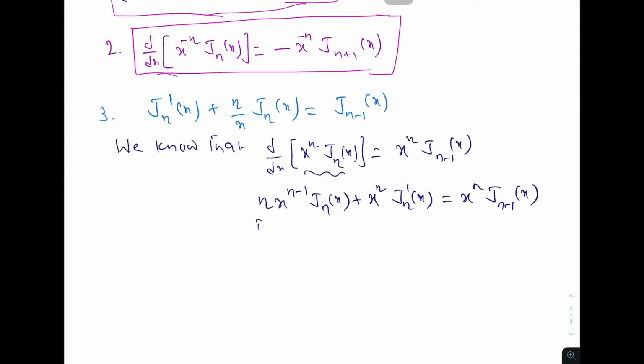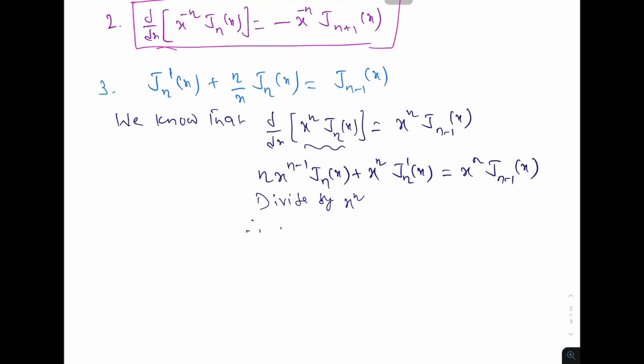Now we divide by x power n. So if we divide by x power n, this is n by x Jnx plus Jn dash x equal to J n minus 1 x.